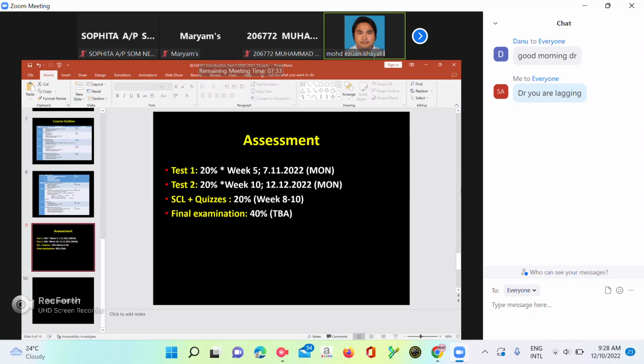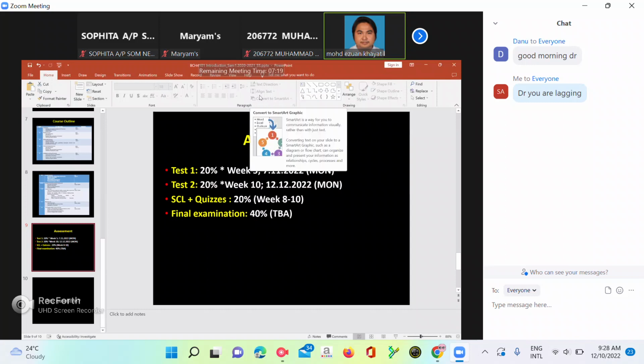For test 2, in week 10, I'm not sure whether the date is correct, 12th December 2022, also on Monday. Then we also have the SCL. Usually we will conduct the SCL during week 8 up to week 10.